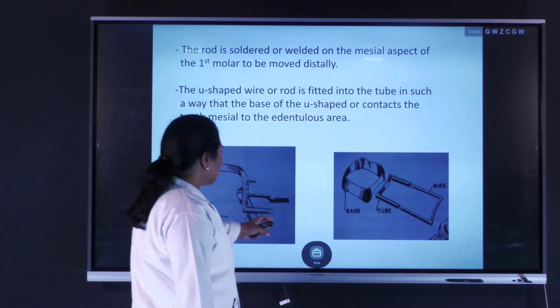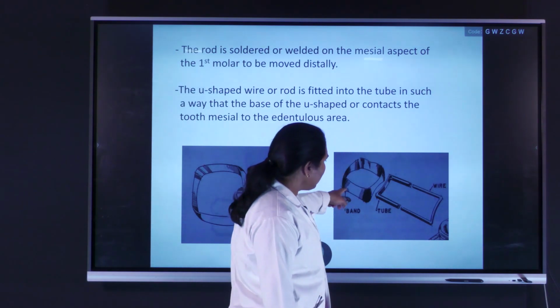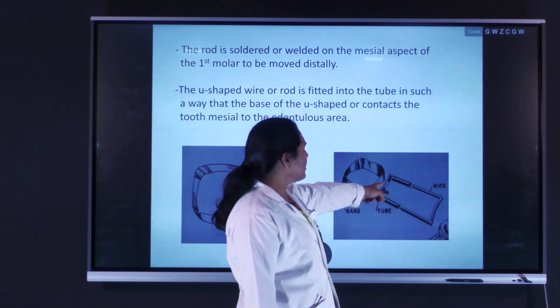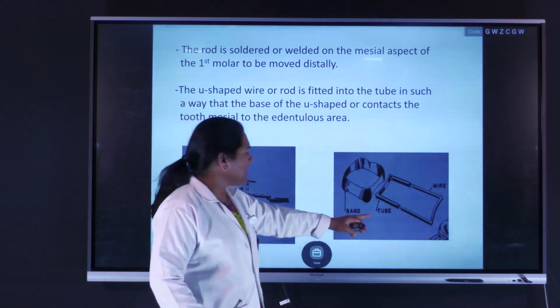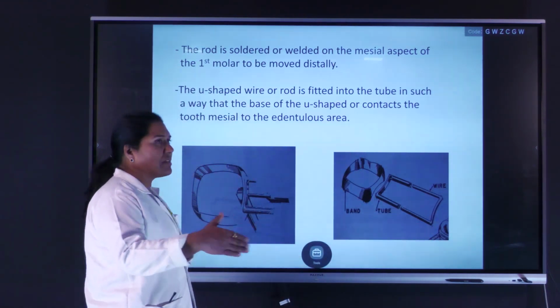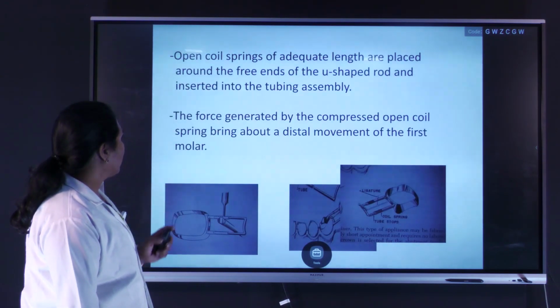So this tube is attached to the band, and a wire is placed inside the tube, resting on the mesial surface of the tooth which is present on the other side of the extraction space.